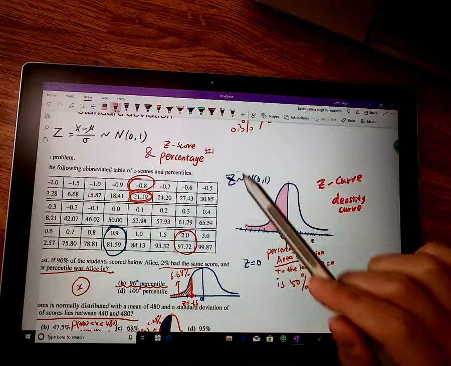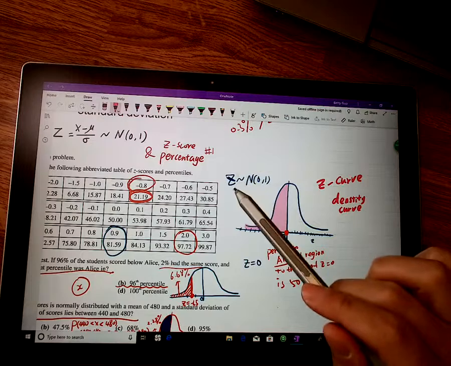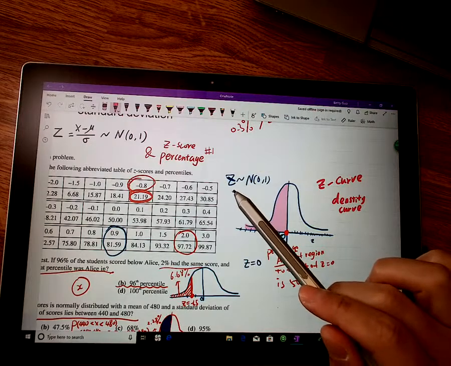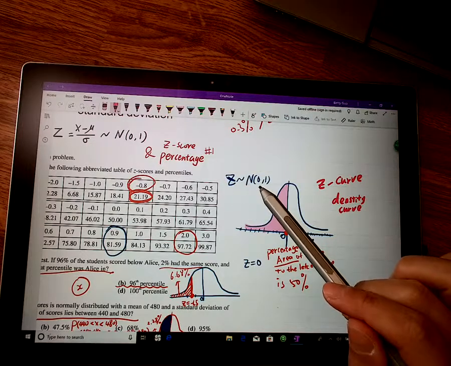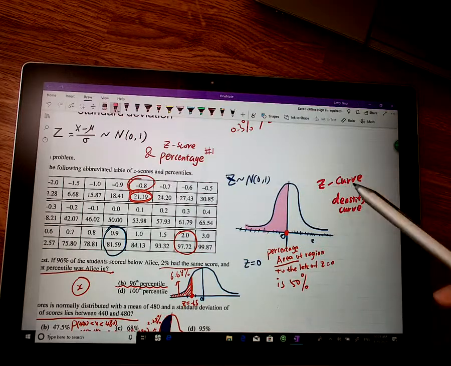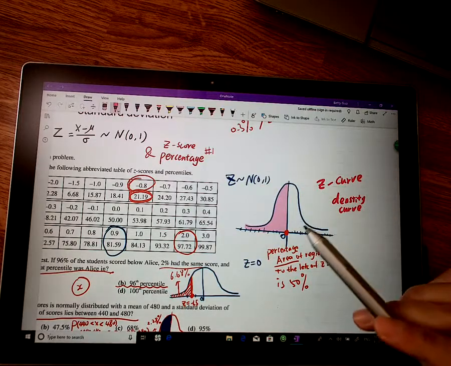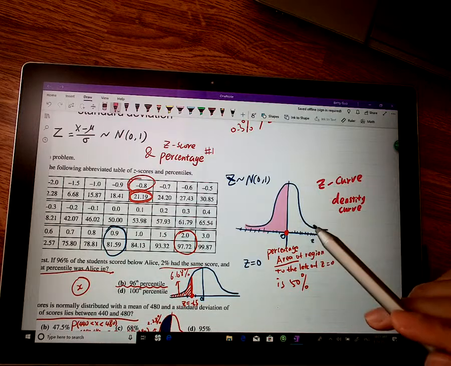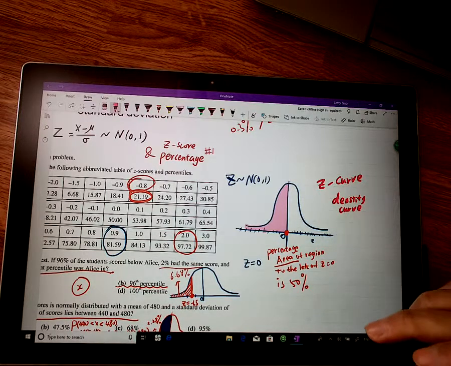Okay. The big Z, the variable, is standard normally distributed with mean 0, sigma equals 1, and this is the Z curve, the standard normal distribution curve. Okay.